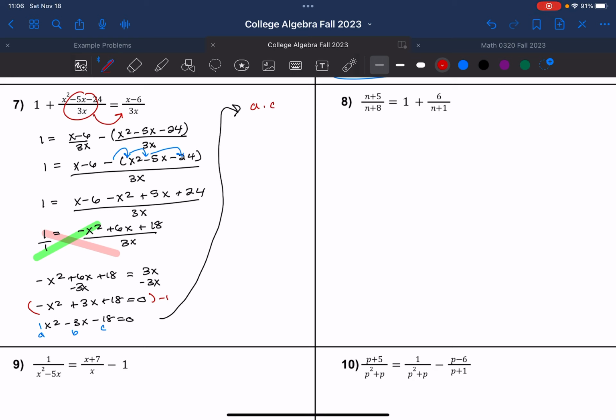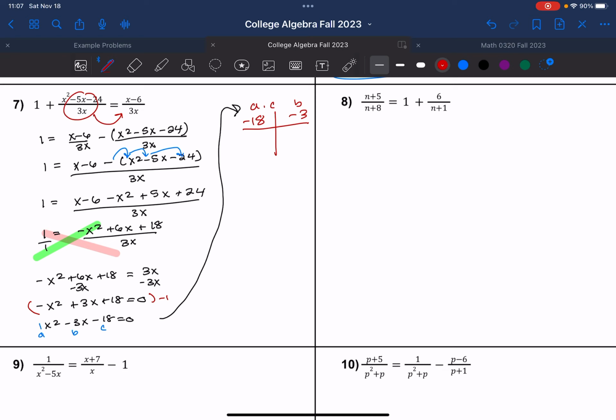So A times C is -18. Okay. And my B is -3. So I need two numbers that multiply to -18, but add to -3.